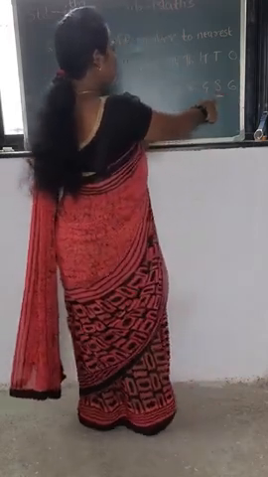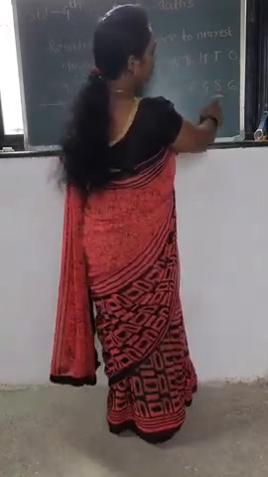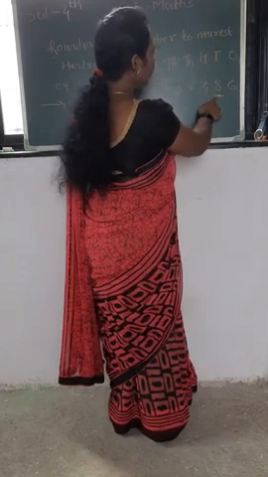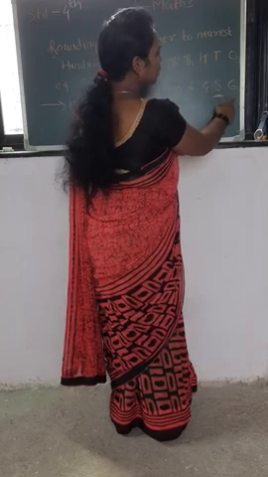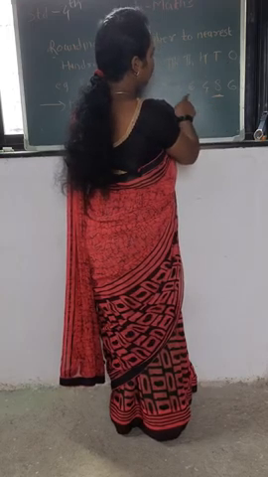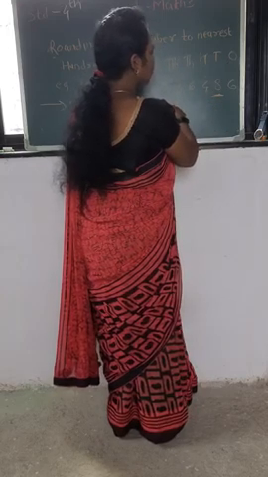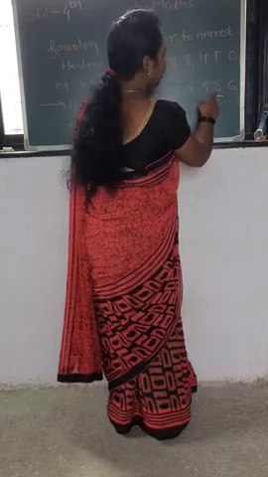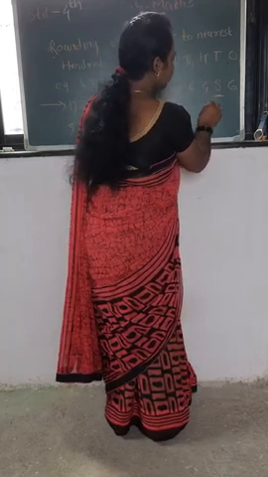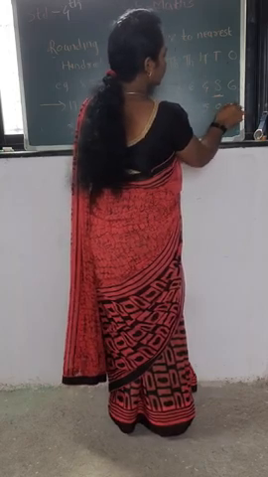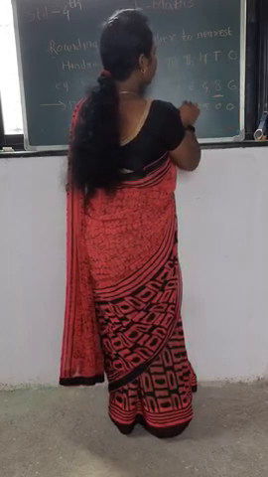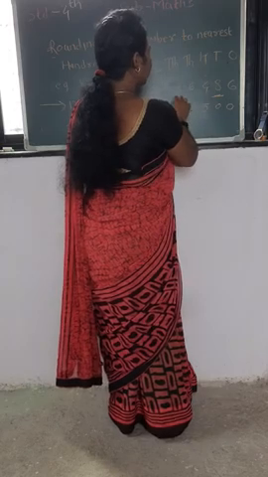This is 8, which is greater than 5. Then add 1 to the hundreds place digit, that is 4 plus 1 is 5, and the ones place and tens place are 0, and the remaining digits are the same as they are.